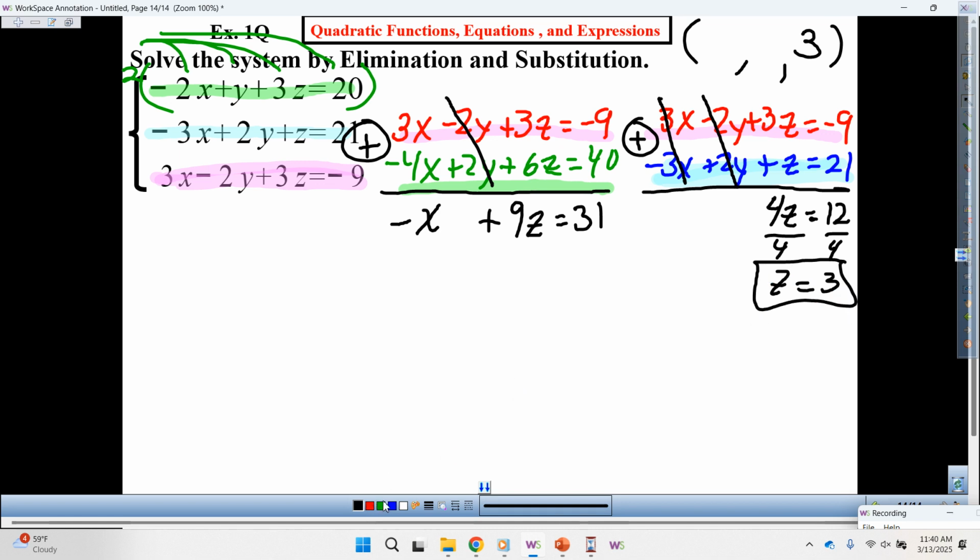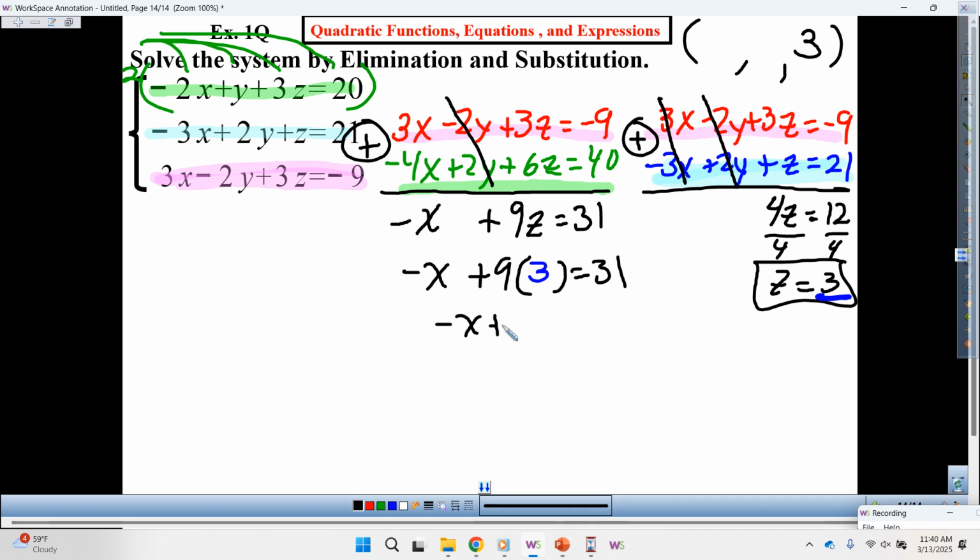What do I need to do to that one, guys? How do I find another variable from z? What do I do now for this? Yeah, so we write negative x plus 9 parentheses equals 31. And we're going to substitute the value of 3.